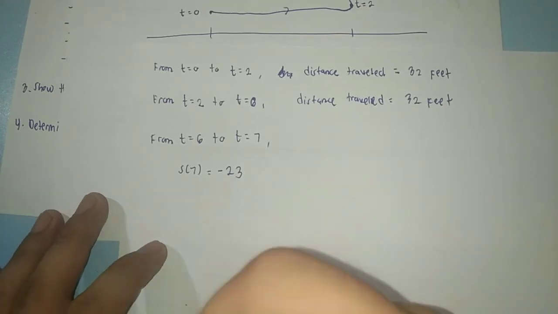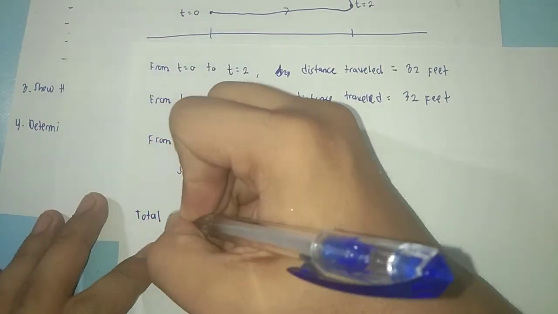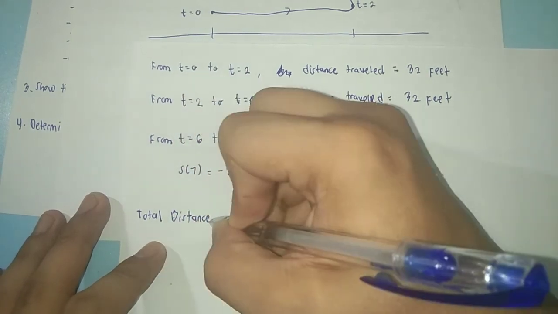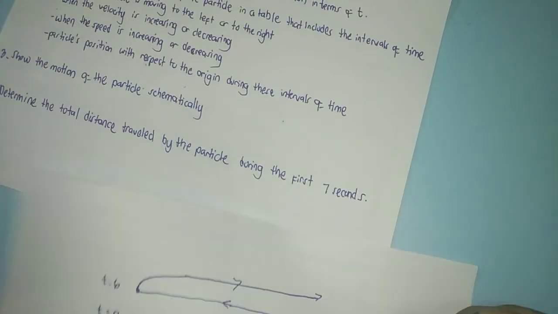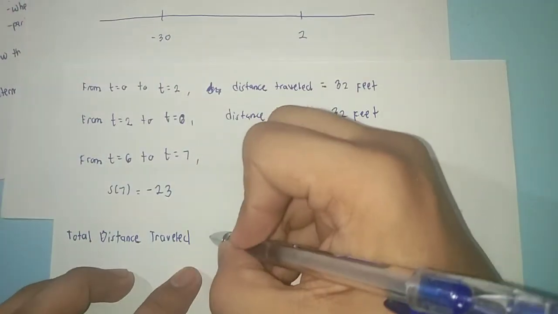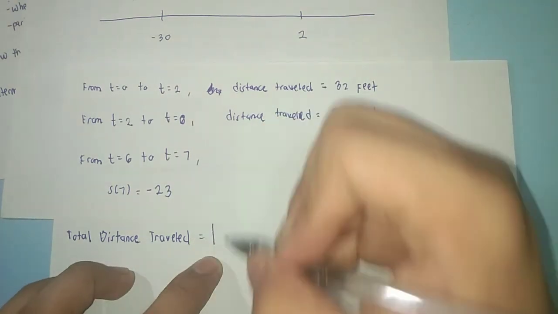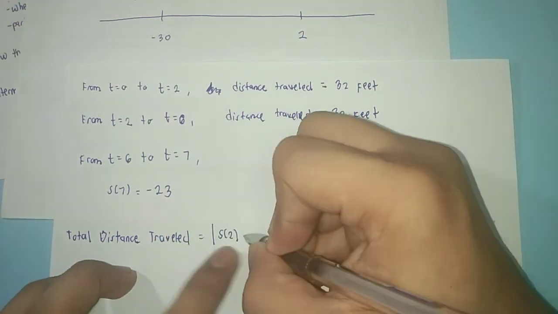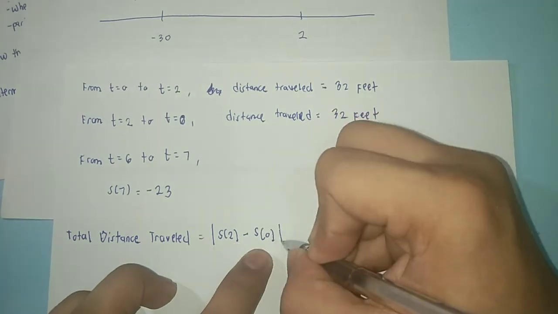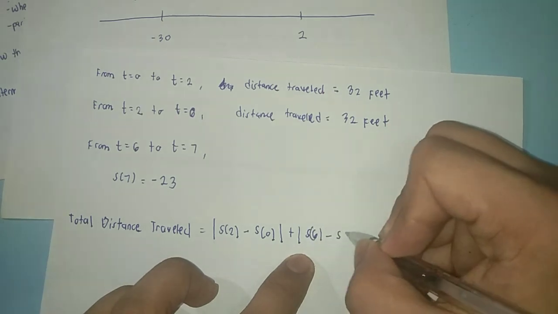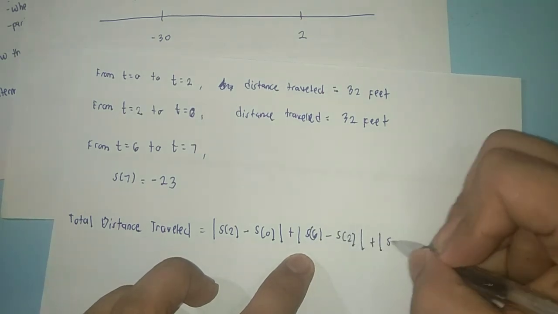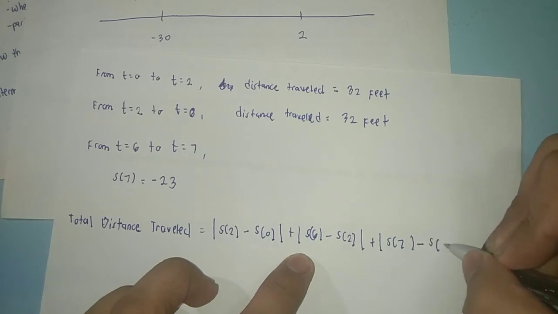Okay? So now, yung total distance traveled, during the first 7 seconds equals absolute value ng s of 2 minus s of 0 plus absolute value ng s of 6 minus s of 2 plus absolute value ng s of 7 minus s of 6.